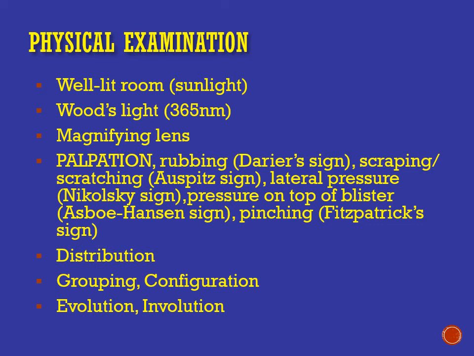We sometimes use a magnifying lens to see very small skin lesions. We often touch the patient or palpate to elicit some signs, and we often ask the patient to undress to see the distribution, the grouping, and the configuration of the skin disorders. We also note in the history the evolution and the involution of the skin disease.